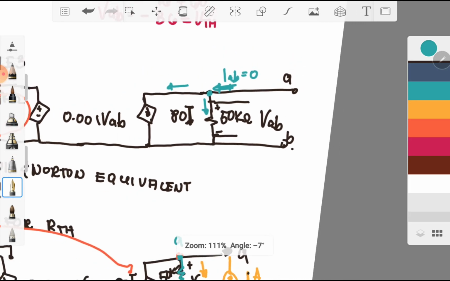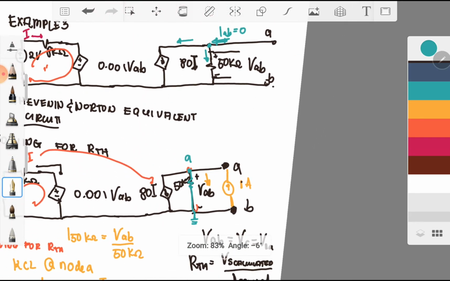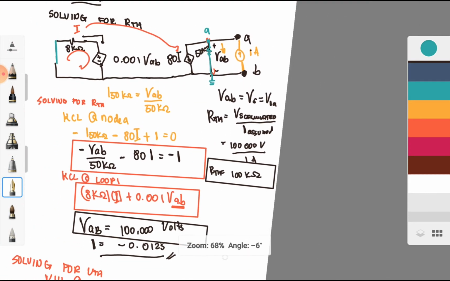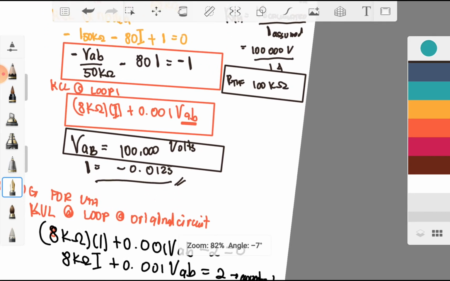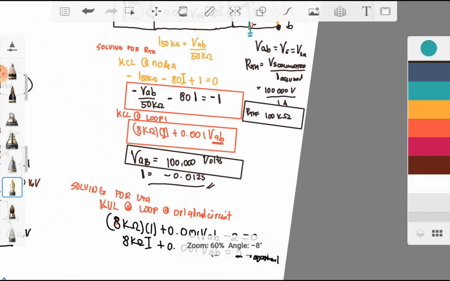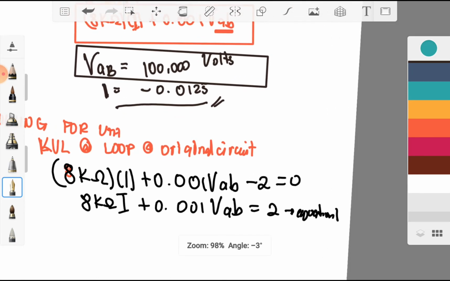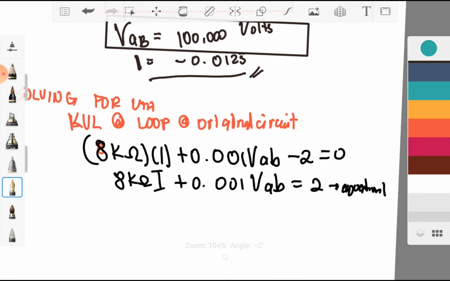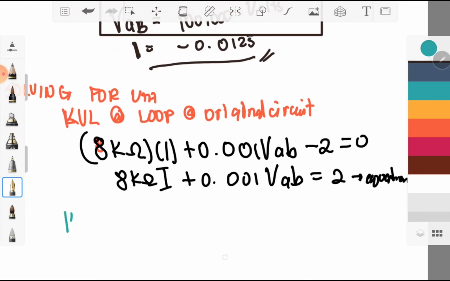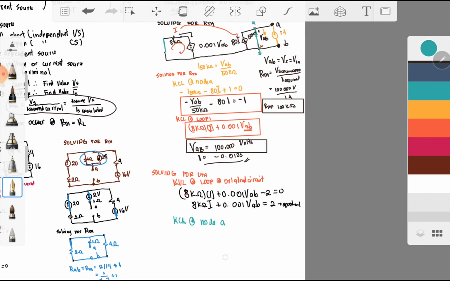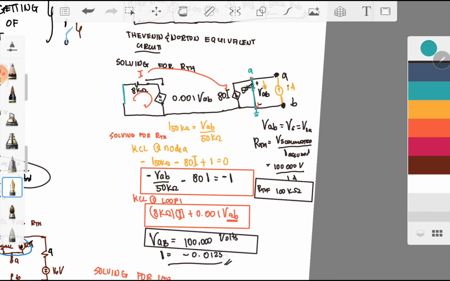So therefore, we will have the same equation as this one. Okay? So KCL at node A. So this will be our node A.